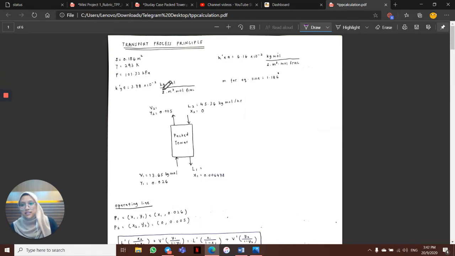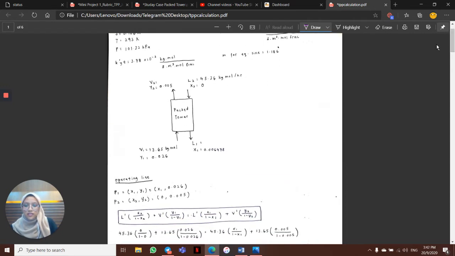For the gas it is 3.78 times 10 power of negative 2, and for the liquid it is 6.16 times 10 power of negative 2. This is how the packed tower looks like. There are gas inlet and gas outlet, absorbent inlet and also absorbent outlet.